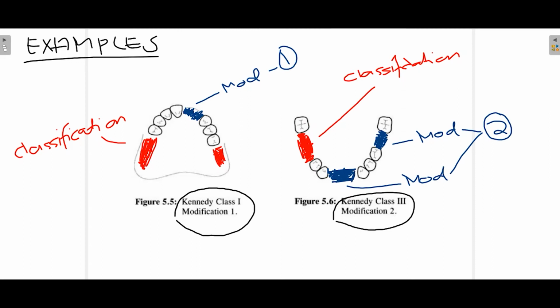And you can see in this arch there are two areas where no teeth are present. So we count this as 1 and 2. So two modifications are present. So we'll write it down as class 3, and since there are two areas where there are no teeth present, which are edentulous areas, this will be termed as modification 2.